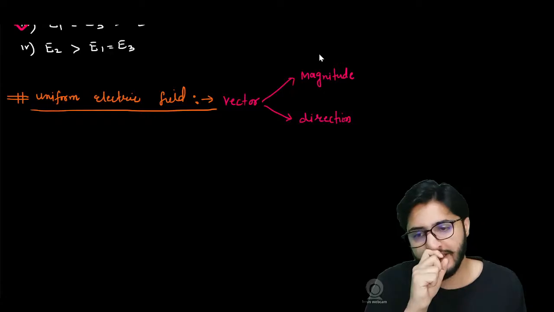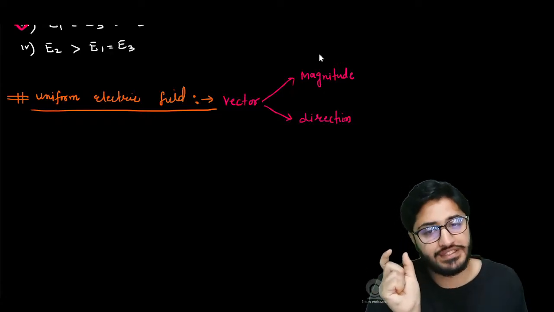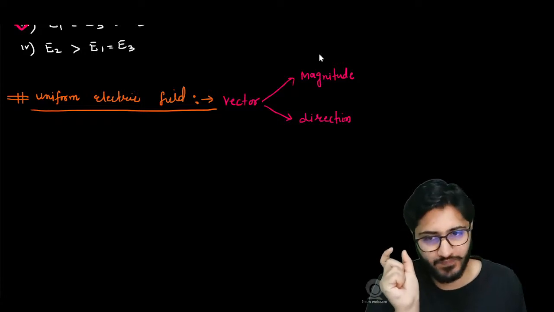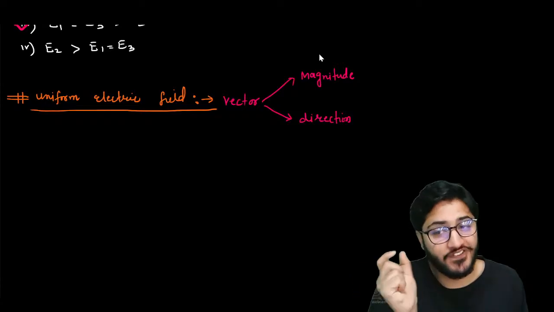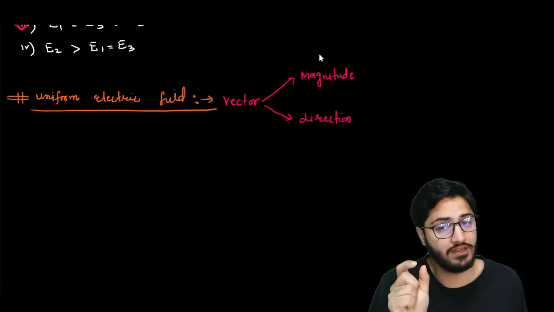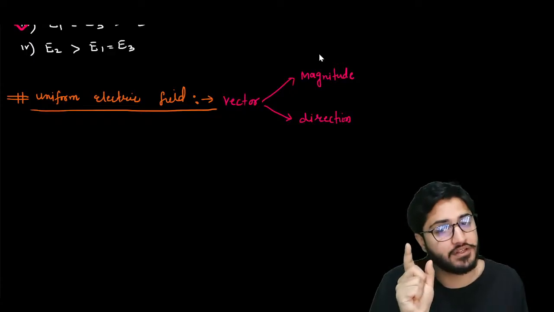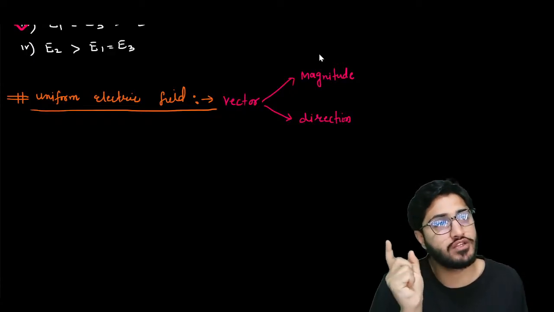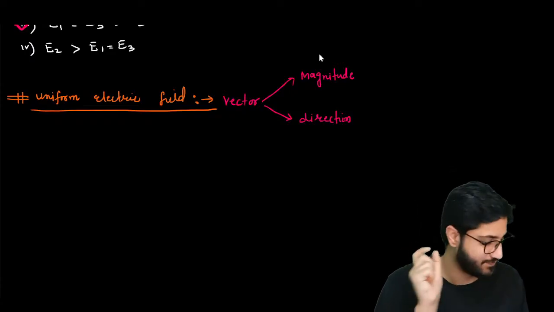If my electric field is uniform, that means its magnitude should be same and its direction should be same. And if we have lines which show a uniform electric field, those lines should follow these two parameters. That means those lines should give you the magnitude as well as direction the same.